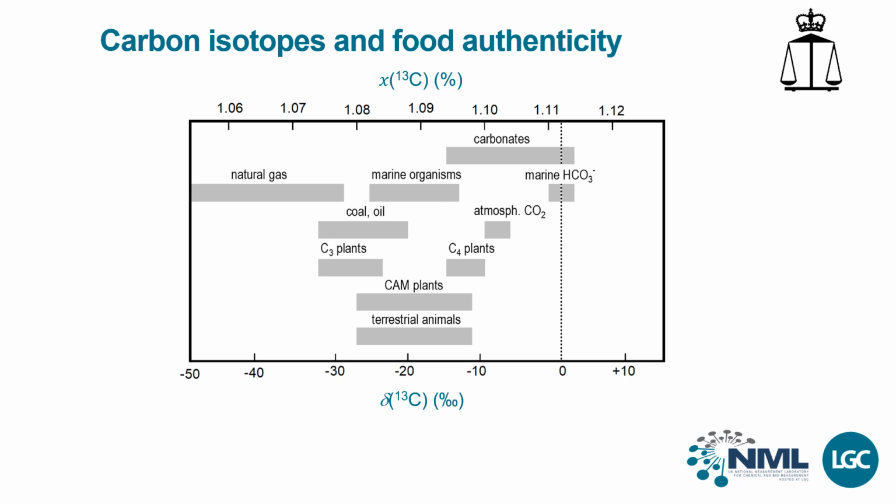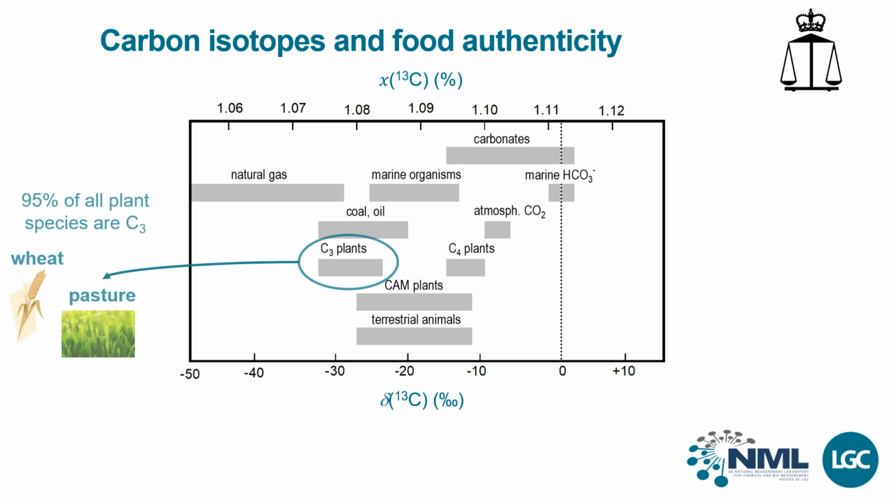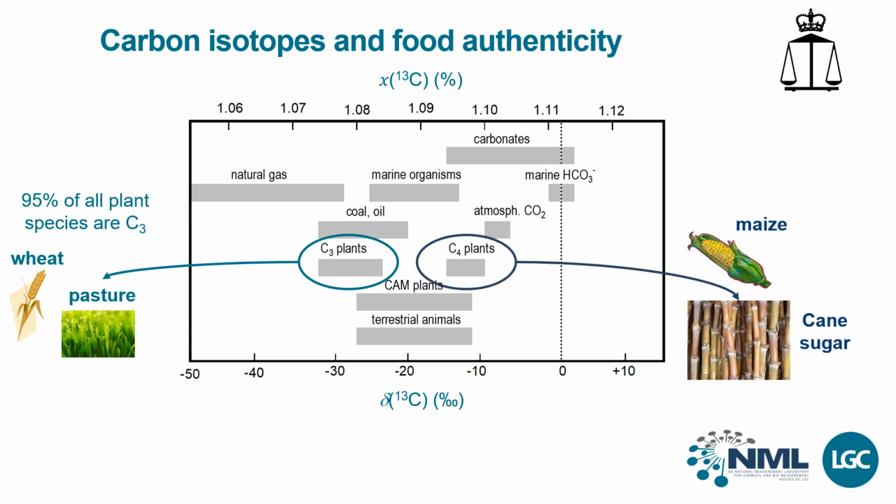Looking at the three distinct photosynthetic mechanisms, firstly, there are C3 plants that use the Calvin cycle during photosynthesis. This includes wheat, barley, many grasses, trees, and a large proportion of plant species. Then there are C4 plants that follow the Hatch and Slack photosynthetic pathway to fix carbon dioxide to make plant components.